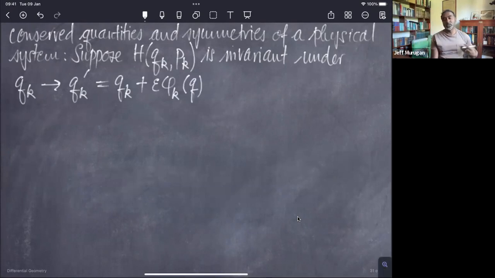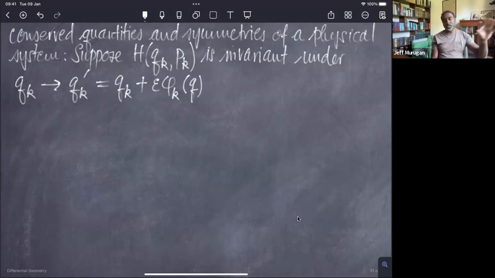So what does it mean for H to be invariant? Well, when I make this change of coordinates from q to q', it induces a change in the associated momenta. Remember, the momenta conjugate to the q's are derived from the Lagrangian by taking the derivative of the Lagrangian with respect to q dot.